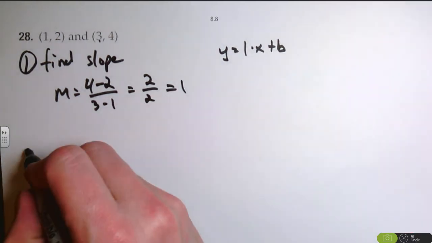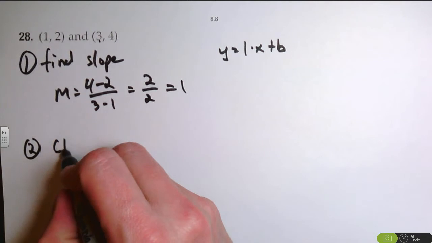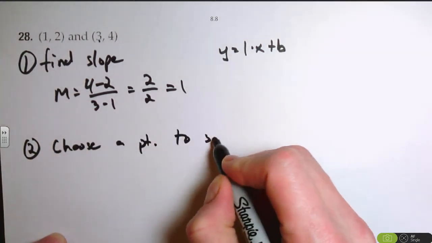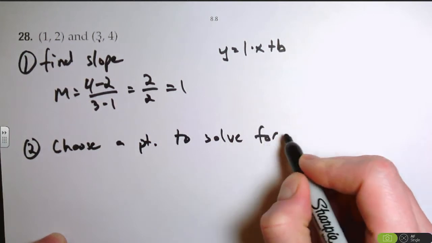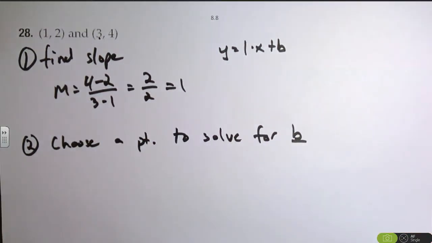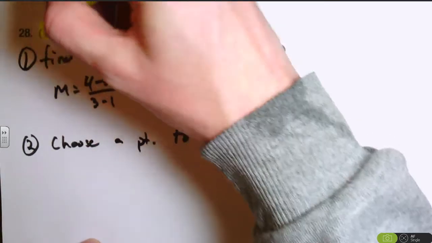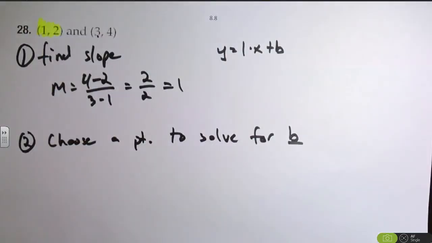Your next step is to choose a point to solve for b. Now there's no wrong choice, so I'm just going to choose the first one because it's the first one I see. I'm going to use the point 1, 2.